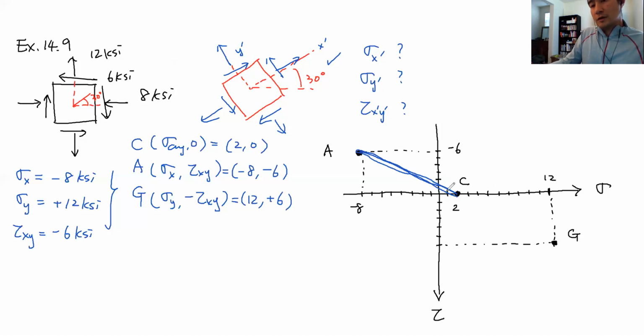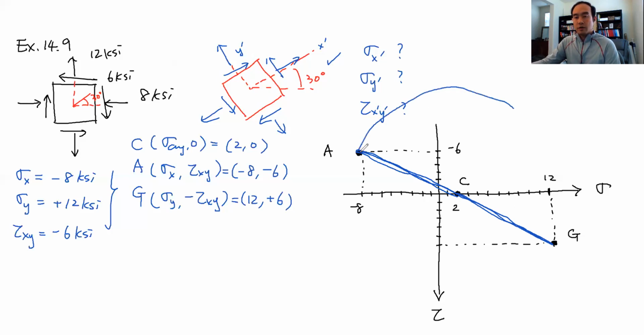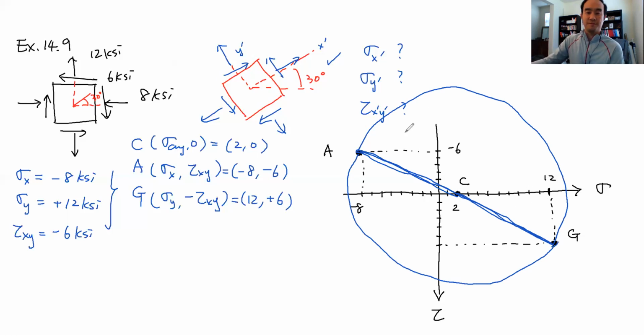The distance between A and C, and the distance between C and G should be the same length R. And based on these, we can develop a circle. Half circle goes this way, and the other one goes this way. Okay, I know it's poor. Sorry about that.